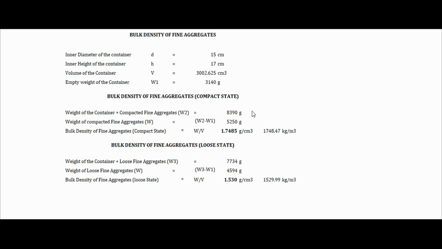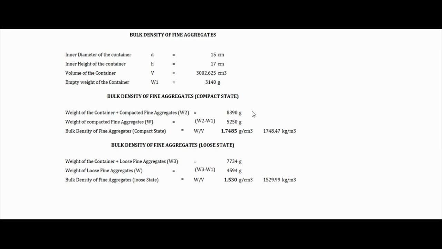Therefore, bulk density of the fine aggregates in compact state is given by the formula W2 minus W1 divided by V, where W2 minus W1 is equal to 5250 grams and V is equal to 3002.625 centimeter cube, whose value is 1.7485 gram per centimeter cube or 1748.47 kg per meter cube.